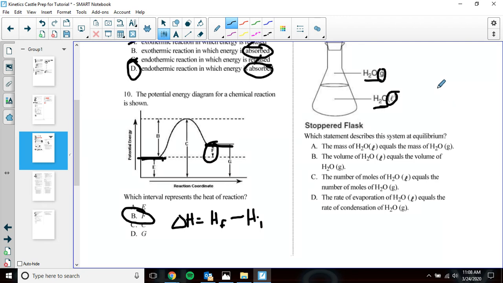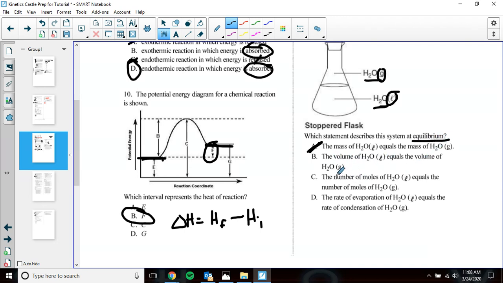So which statement describes the equilibrium? The mass of the water liquid equals the mass. Equilibrium has nothing to do with mass. And this question has nothing to do with physical equilibrium versus chemical equilibrium. It looks like it's actually looking for the definition of equilibrium hidden in there.